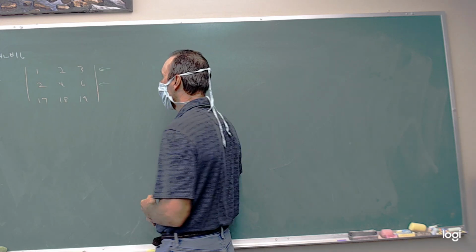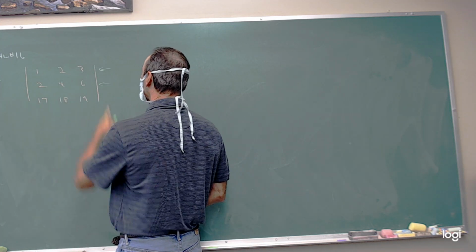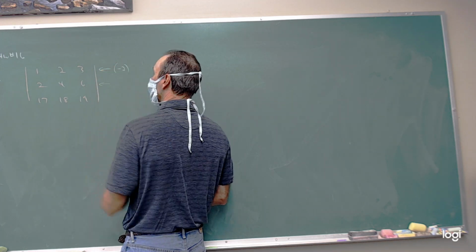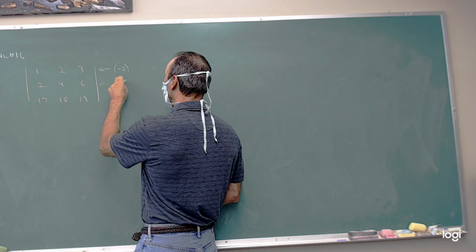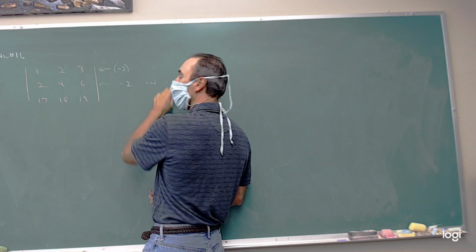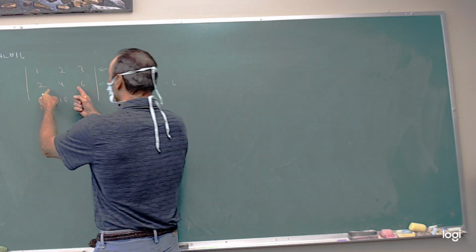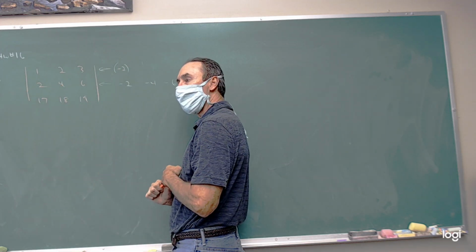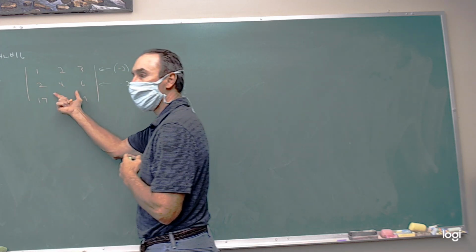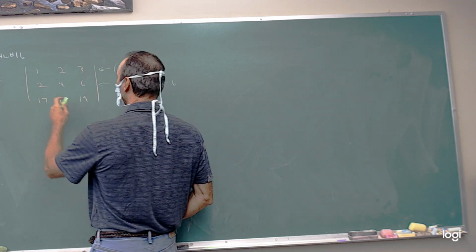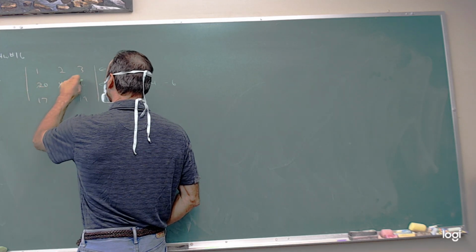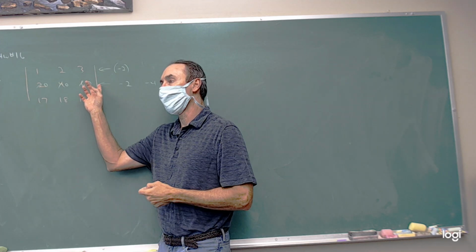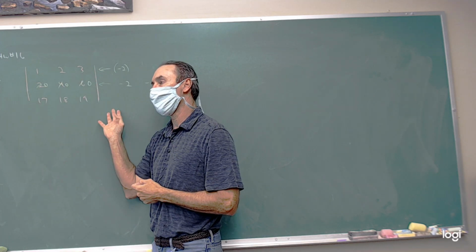So when you see this, you could multiply this row by -2, and it would become -2, -4, -6. Add that to this row and replace that row by that. When we add this row to that row, we get a row of zeros. Now expand along this row using expansion by minors.